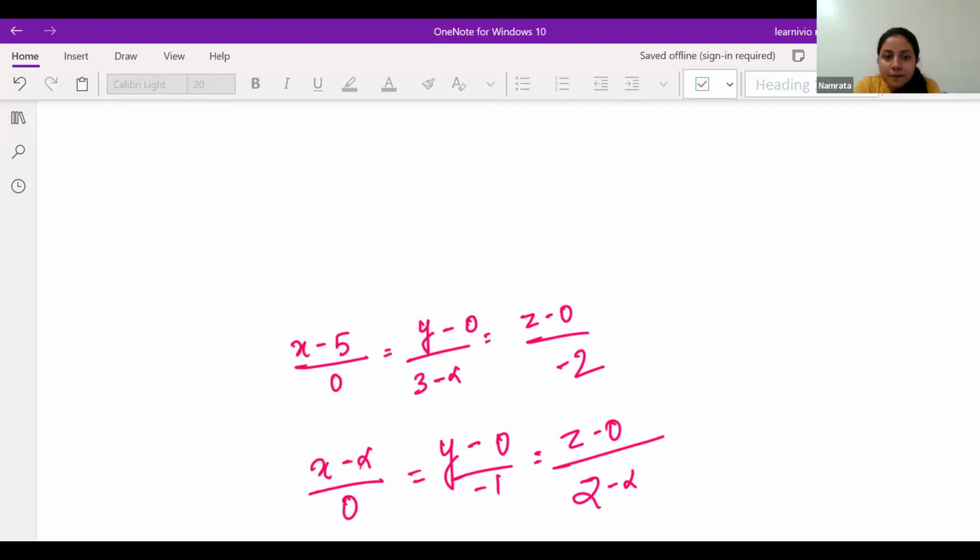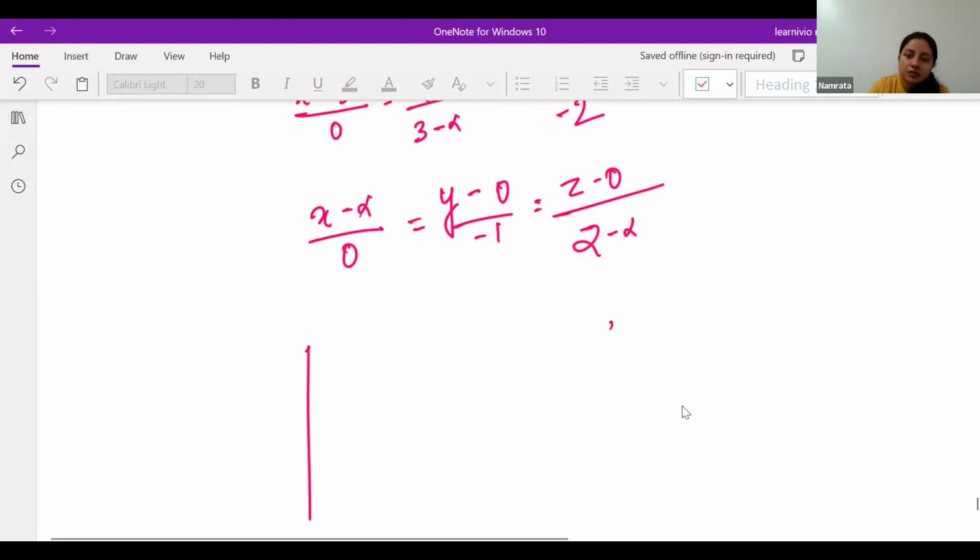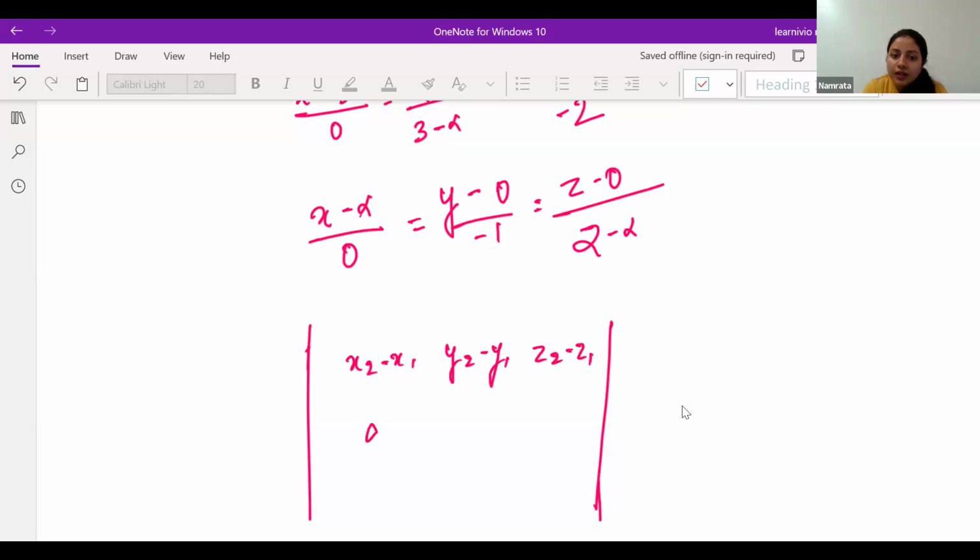If I am writing the determinant, what shall be the elements, the terms over here? I, J, K. Sorry, your voice is not clear. Was it x2 minus x1, y2 minus y1, z2 minus z1, and here a1, b1, c1, a2, b2, c2, like that? Yes, ma'am. It is equal to 0, right?